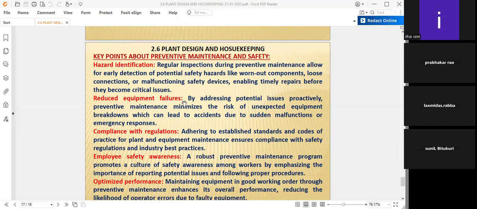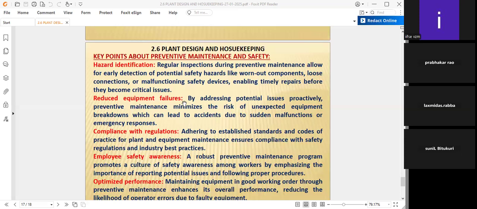For example, if the preventive maintenance of one equipment was taken on January 5th, 2025, and the frequency is 3 months, then before March 5th there should not be any failure or breakdown of that equipment. That is the preventive maintenance discipline, the preventive maintenance checklist.